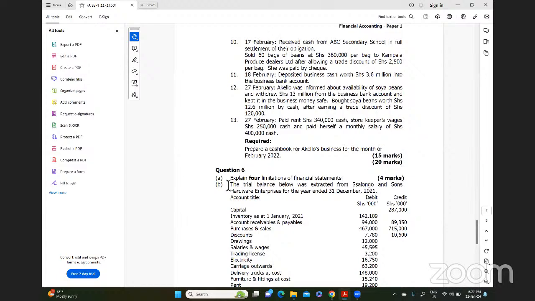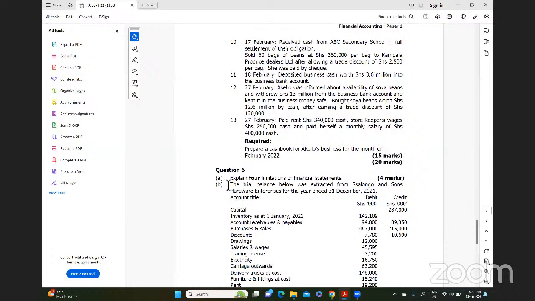If a question comes and they want you to draw a cash book, really, everyone has to get full marks, out of 10, or whatever marks are there. There are 15 here. You should be able to get 15 out of 15. There is no logic at all. A cash book, anything that is non-cash has no place in a cash book.